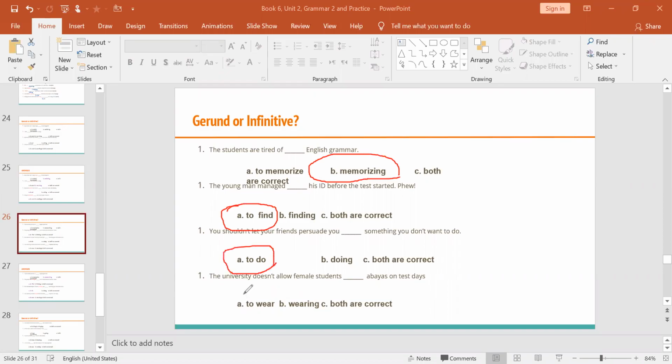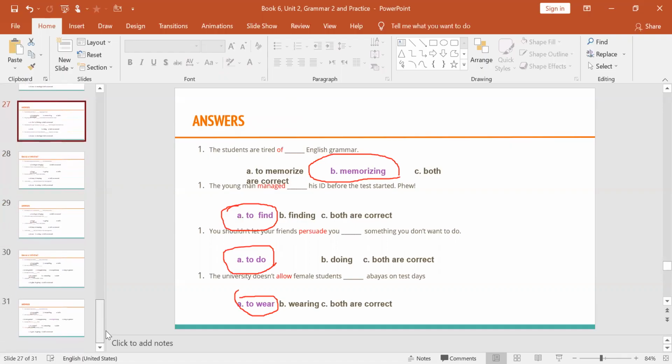The university doesn't allow female students to wear. Okay, let's see if they agree with us. Let's look. Looks like we're in agreement on this one. Okay, just a couple more slides and we'll be done.